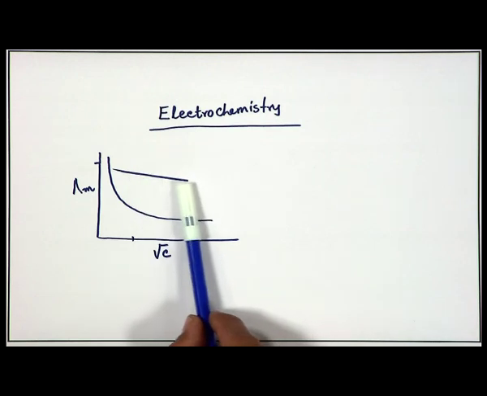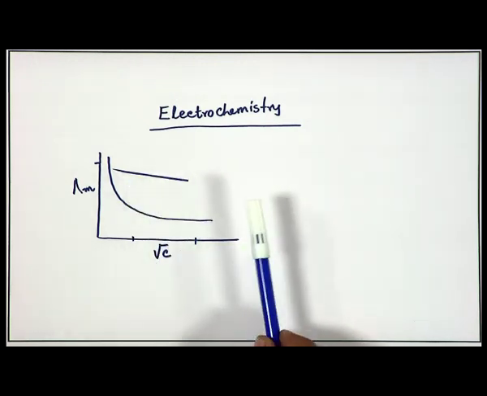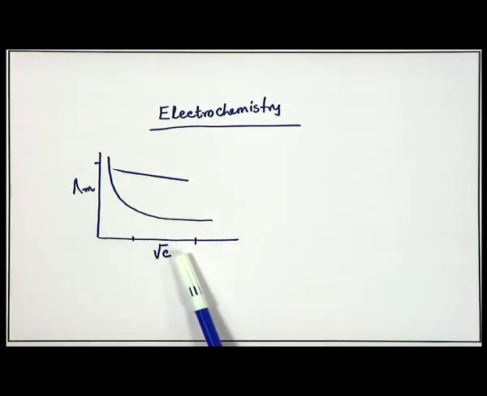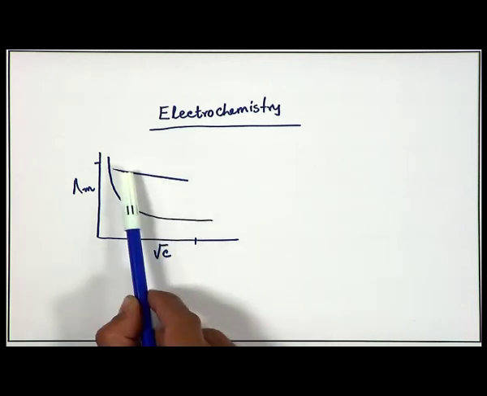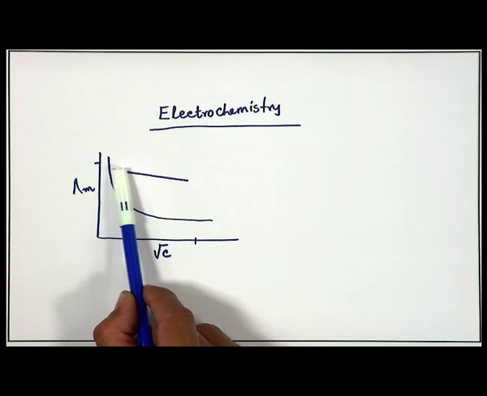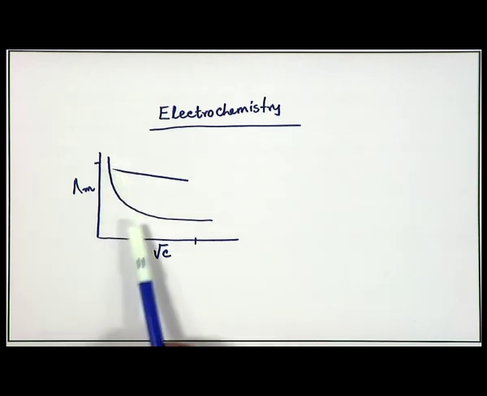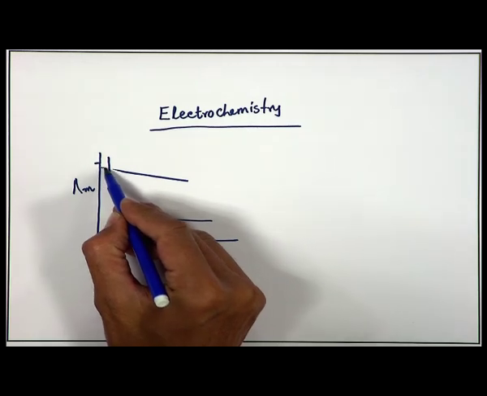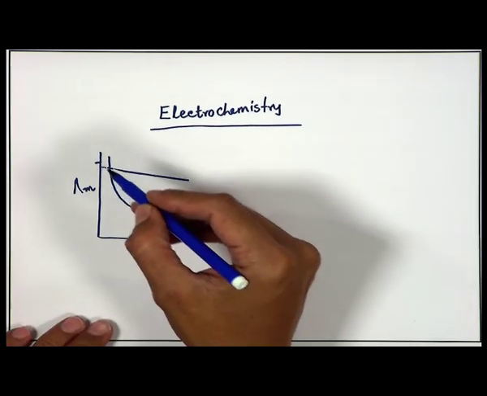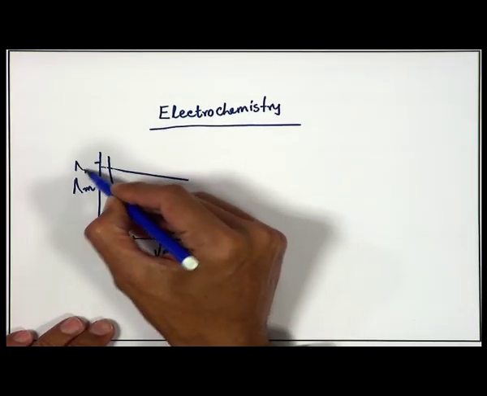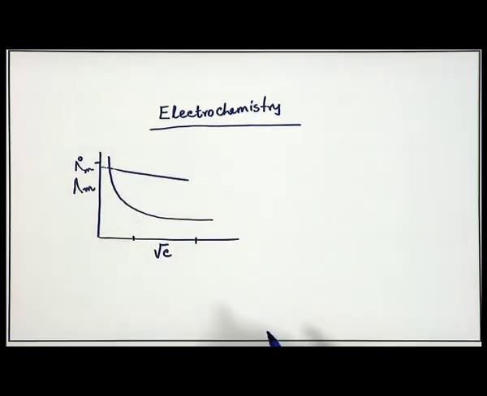You see that there is a linear variation, and if you reduce the concentration of the solution, then its value increases, and ultimately if you extrapolate this to concentration 0, then you will end up getting a quantity which is called the limiting molar conductance or molar conductance at infinite dilution.